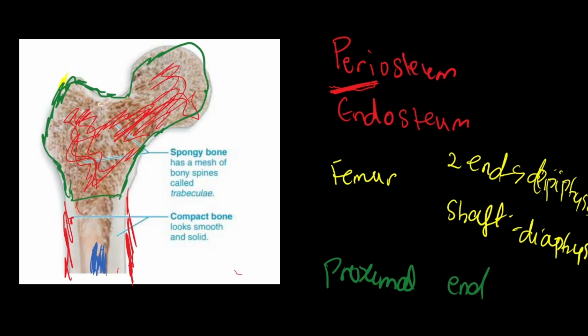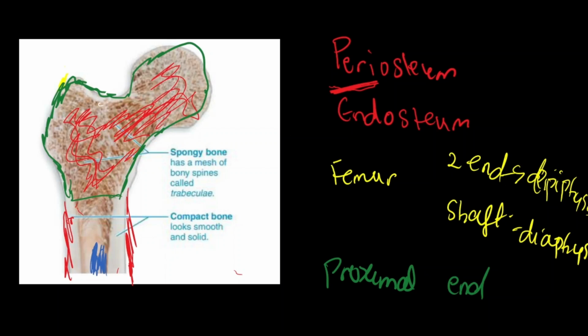We can see a well-defined medullary cavity, unlike we had for the short, irregular, and flat bones. Although the diaphysis is majorly made of compact bone, and I said majorly because there's a very thin layer of spongy bone that kind of lines the medullary cavity.